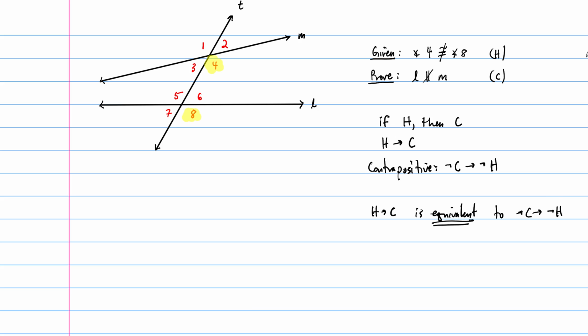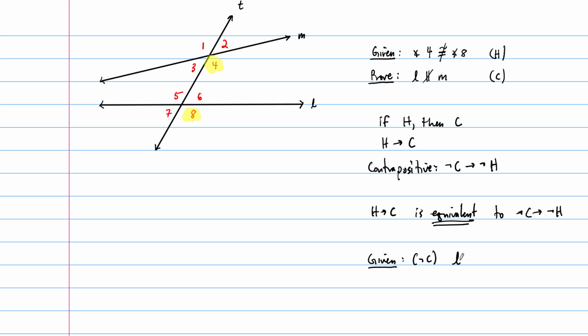So I'm going to do this by an indirect proof, because when you negate a negation, the two negations cancel out, and you end up with just a statement. If I change this around, now my given is going to be not C, the opposite of this.